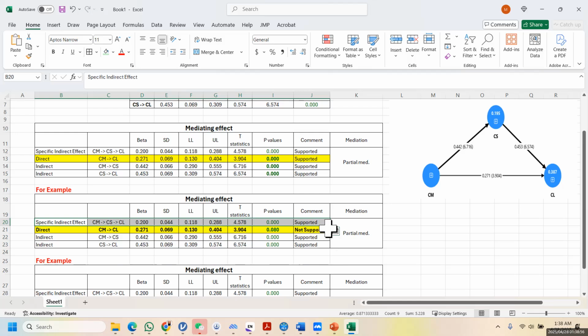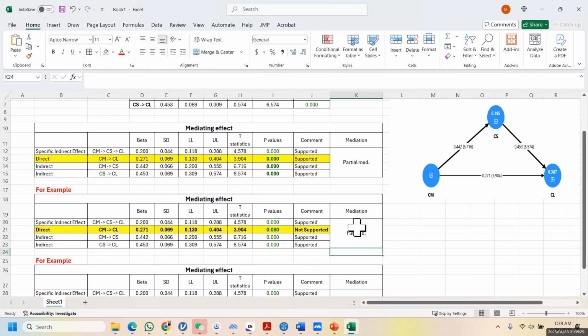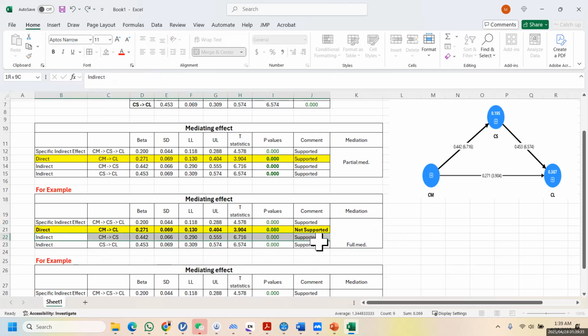This analysis is mediation, but we want to know, is it partial or full mediation? Suppose the direct effect is not significant, the P value is greater than or equal to 0.05. Then it is a mediation, but not partial mediation, it is full mediation, because the direct effect is not significant but the indirect effect is significant.